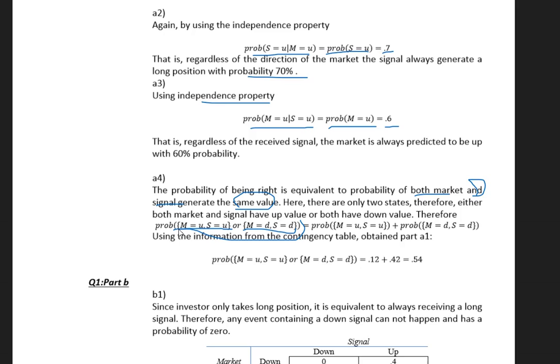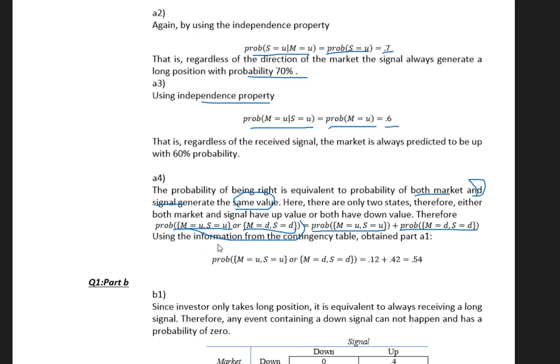These two events are called disjoint events in probability theory. Disjoint events don't have any intersection with each other, and to obtain this probability, we simply add each separate probability together.